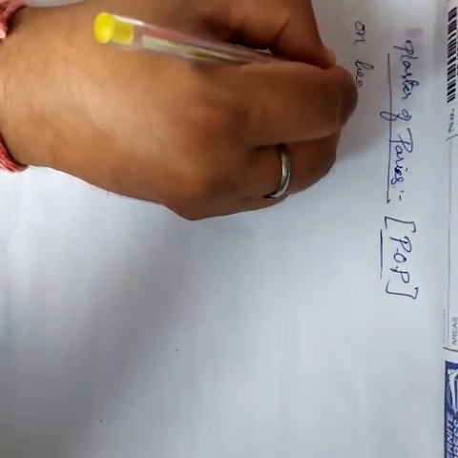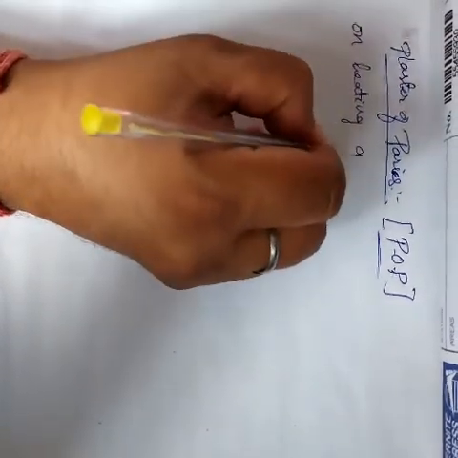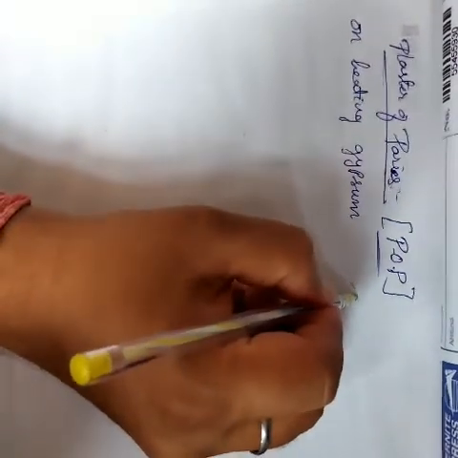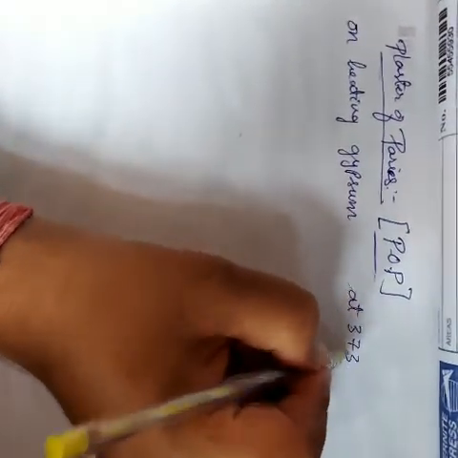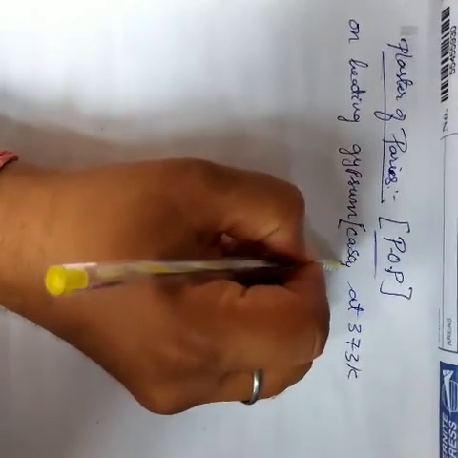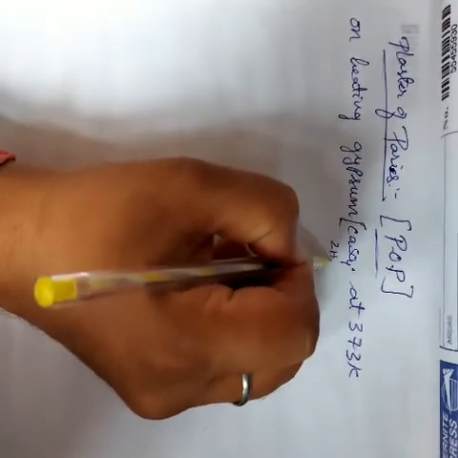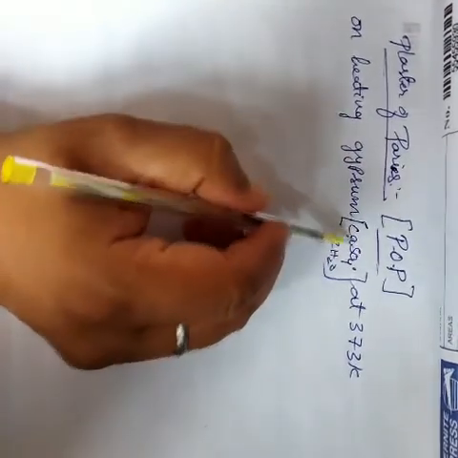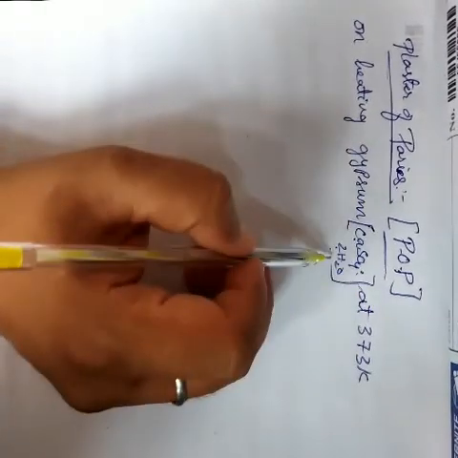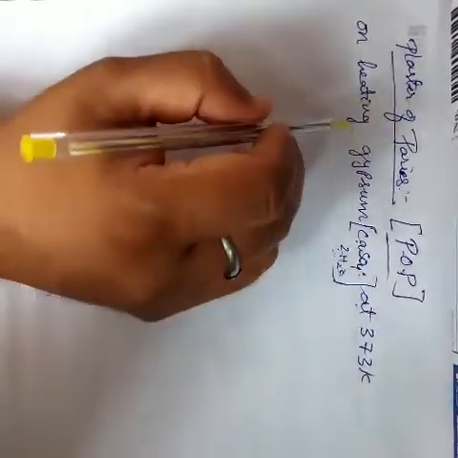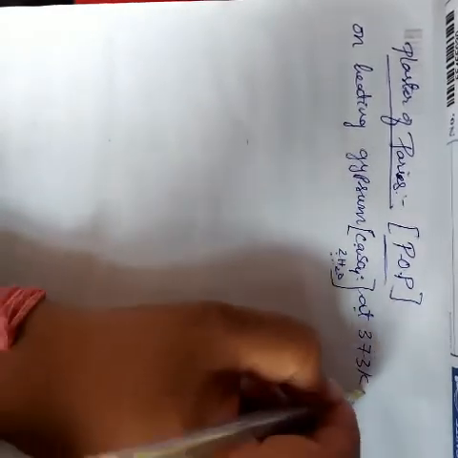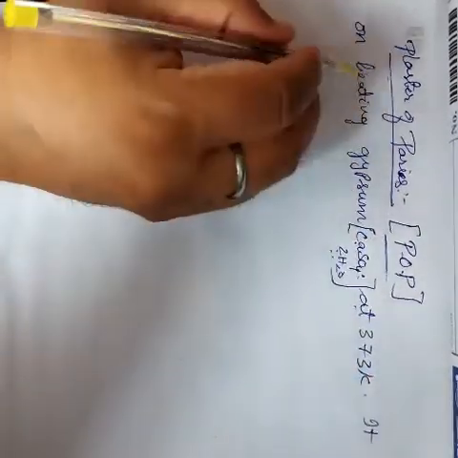On heating gypsum at 373 Kelvin. The formula of gypsum is calcium sulfate dot 2H2O, with 2 molecules of water. What happens on heating gypsum at 373 Kelvin?